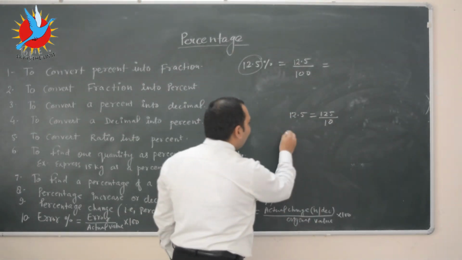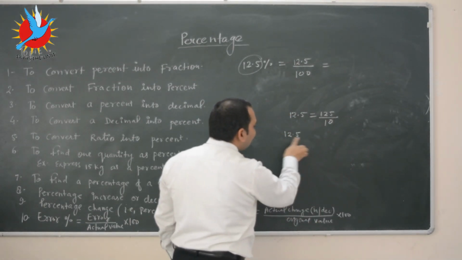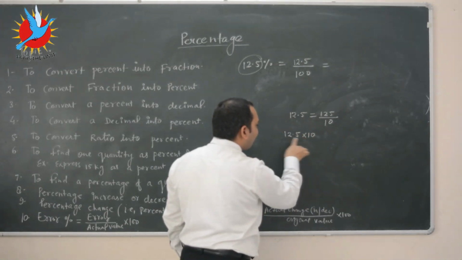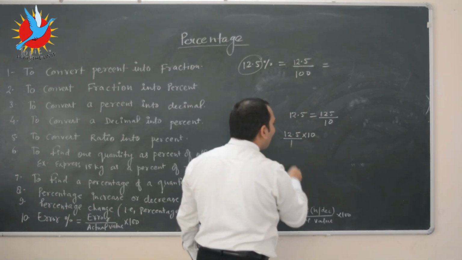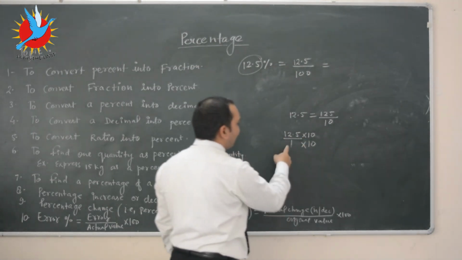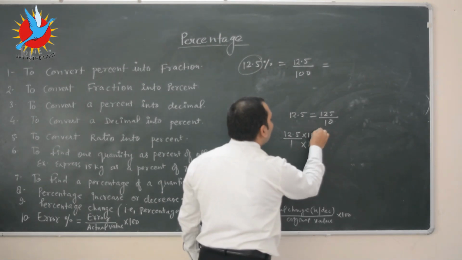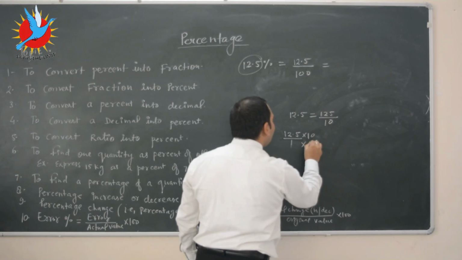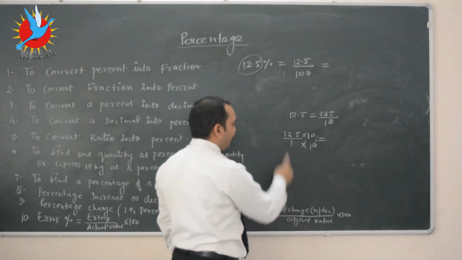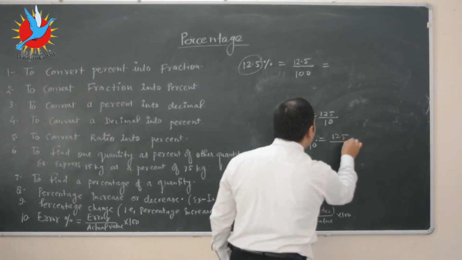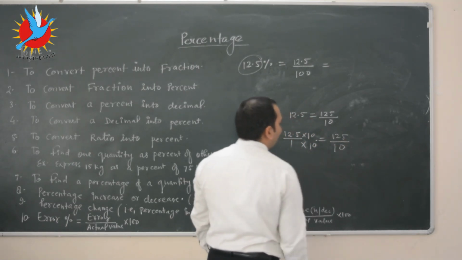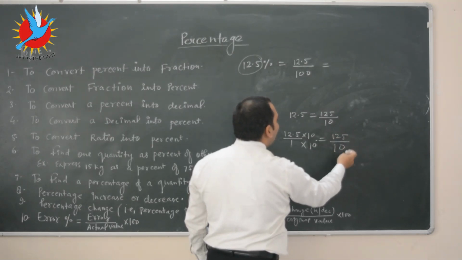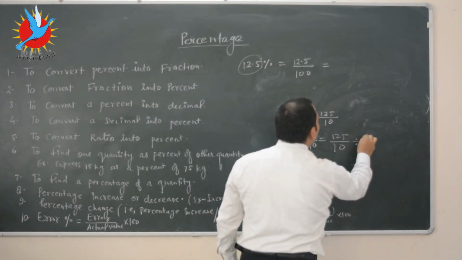Why? Because 12.5 is in decimal form, and we multiply by 10 in the numerator to make the numerator whole, and the denominator also. So 125 upon 10, and divide by 100.